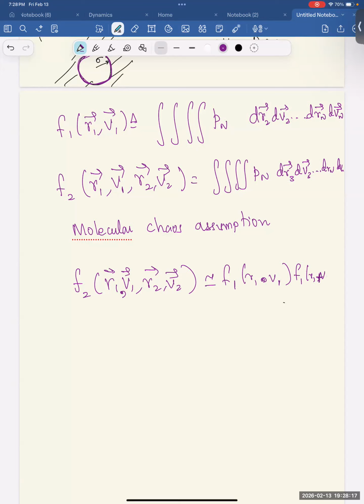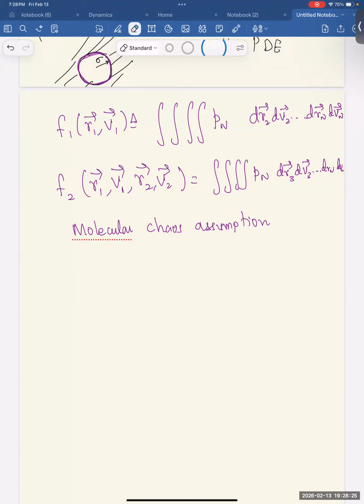R1 plus sigma n. Okay, so I just want to write this. Well, okay, let me write it more clearly, so that there is no confusion. If you look at the first BBGKY equation, it'll have F2, it'll have this term in it.